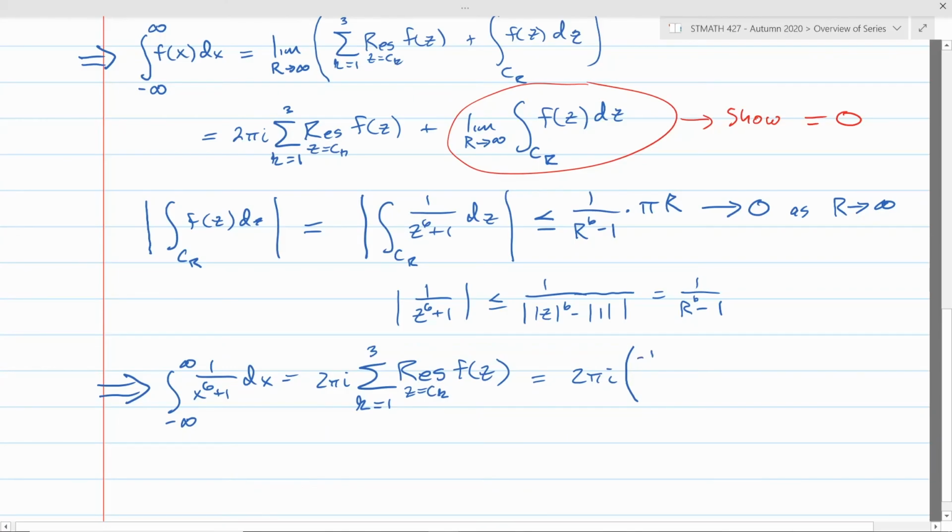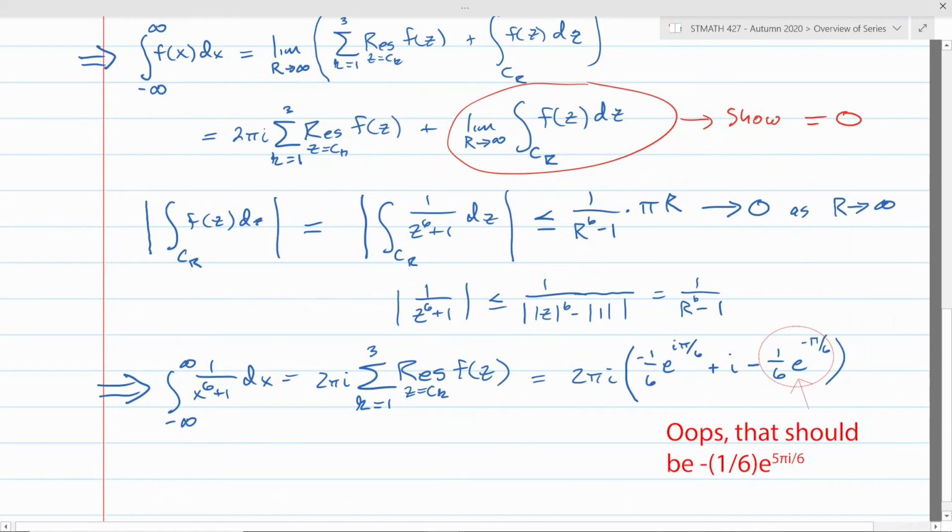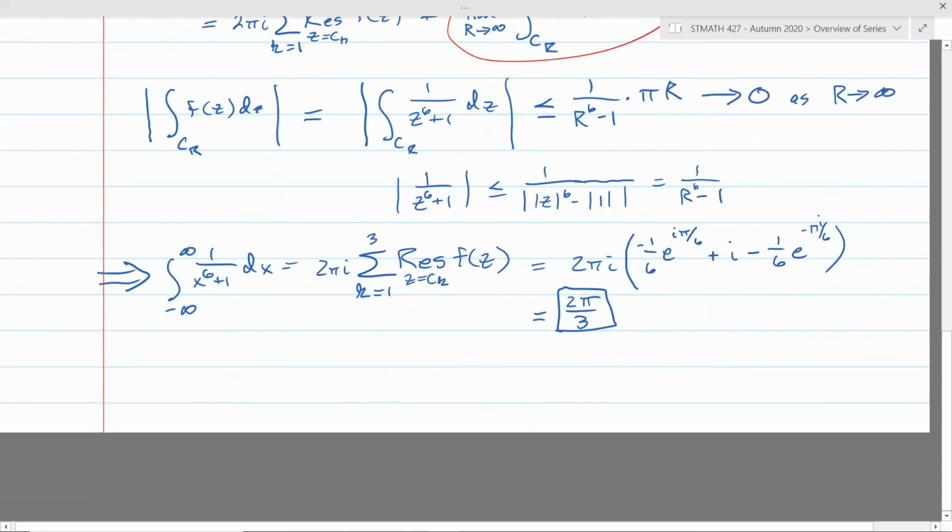So it's negative 1/6 of e to the i pi over 6, then there was a plus i, and then a minus 1/6 e to the, I guess it works out like this. Anyway, when you simplify it, this all works out to be 2 pi over 3. And if you did the integral from 0 to infinity, it's just half, so you get pi over 3 for that integral.